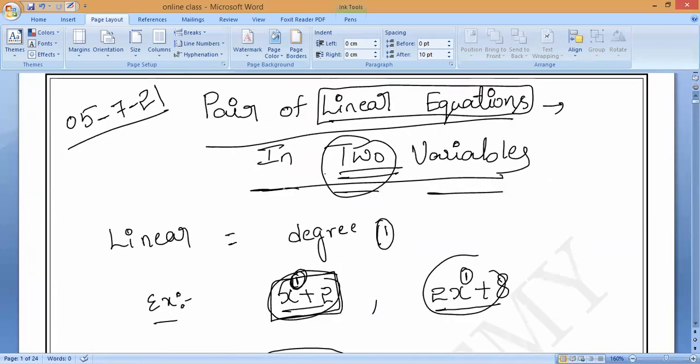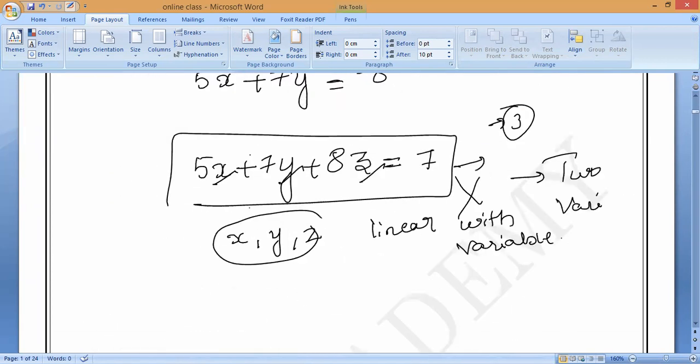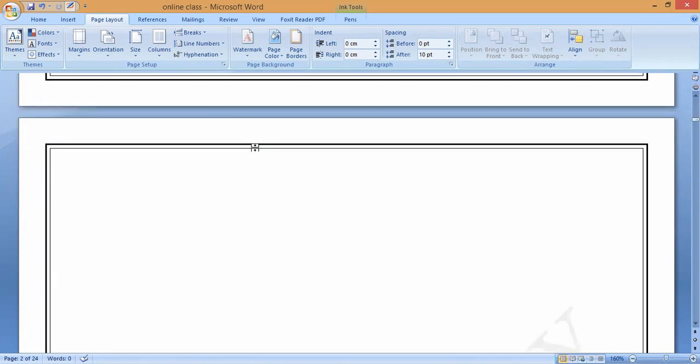See this: pair of linear equations. Pair means how many? Two. Here we want two linear equations in two variables. Suppose the first equation is 2x plus 4y equal to 7, and the second equation is 3x plus 4y equal to 8.